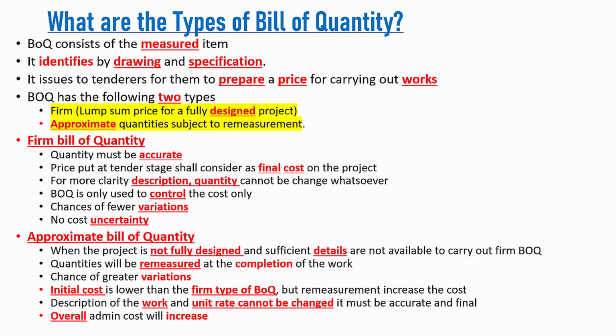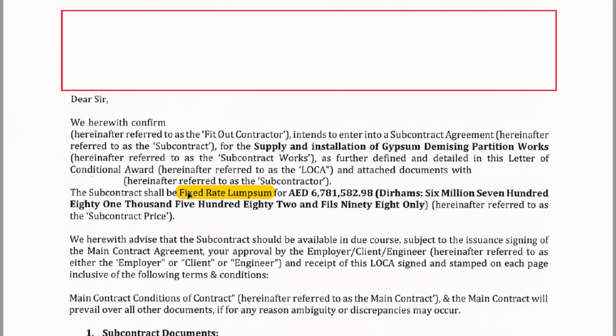I am taking you to some of the project documents, in which I will show you what is meant by firm bill of quantities and where it is written that this is the firm bill of quantity or approximate bill of quantity. Here, you can see it is mentioned that the subcontractor shall be fixed rate lump sum, meaning the amount they are indicating here is considered a fixed rate lump sum.